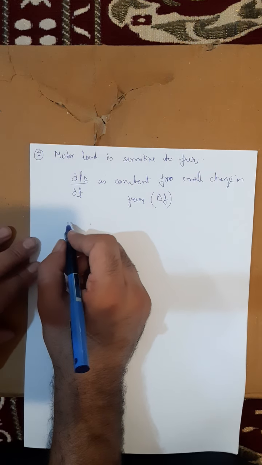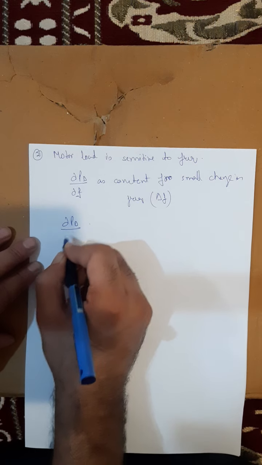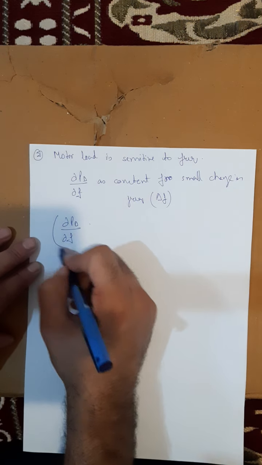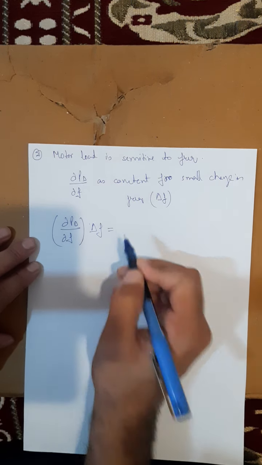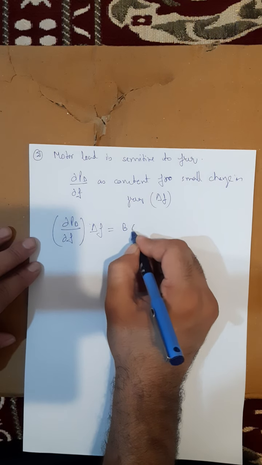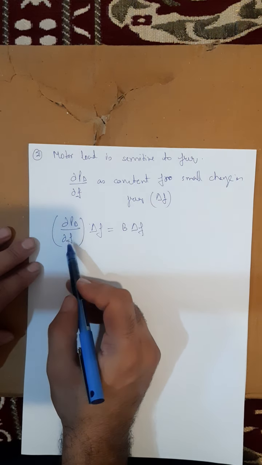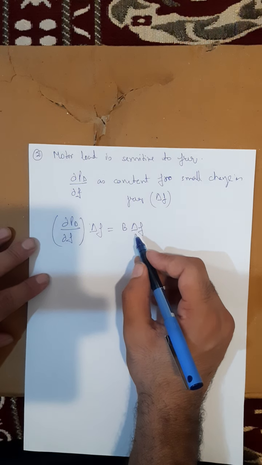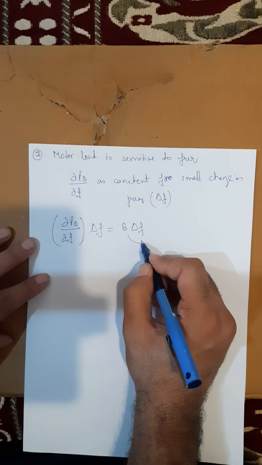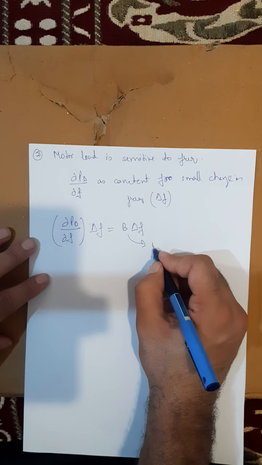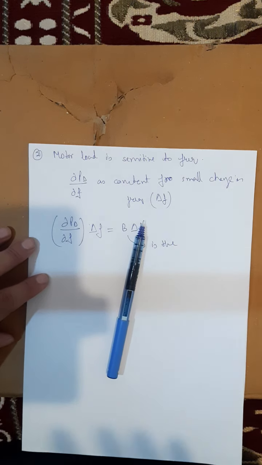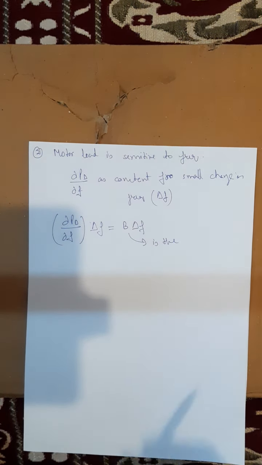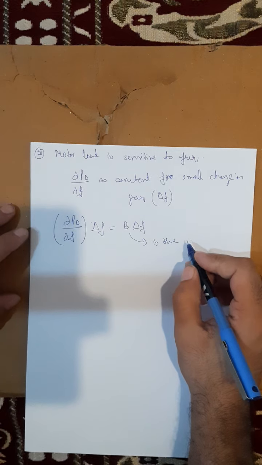So if I use the notation del PD by del F times delta F, it will be equal to B into del F, where B is nothing but del PD upon del F. Where B is a constant, and B is the area parameter.